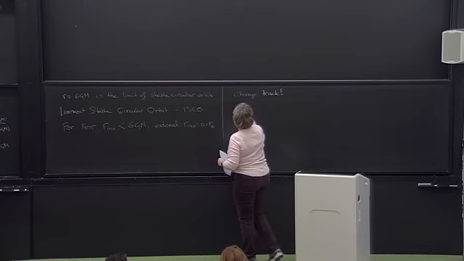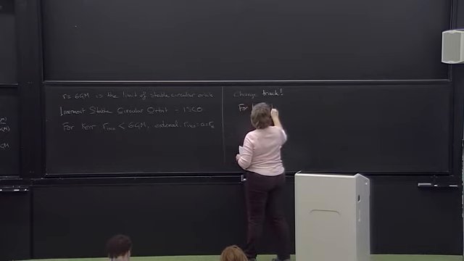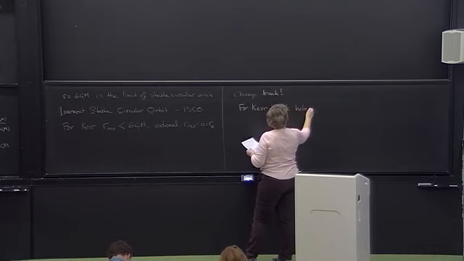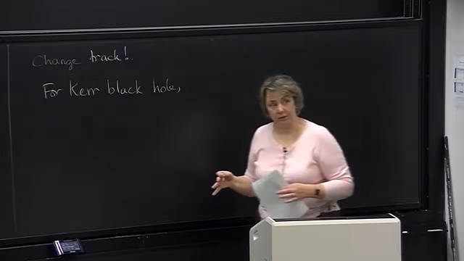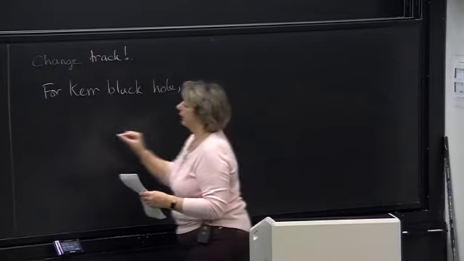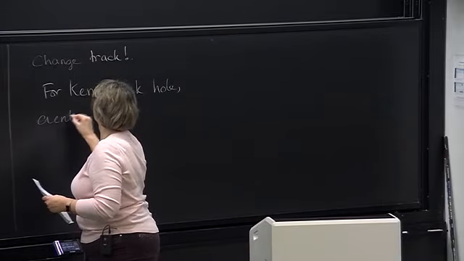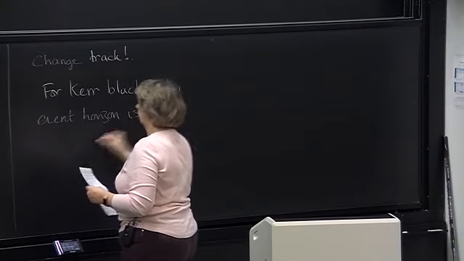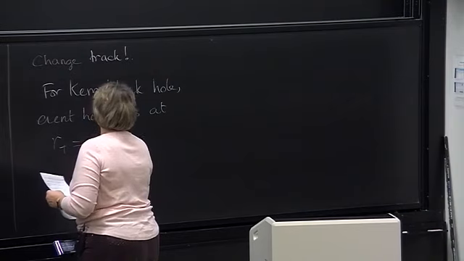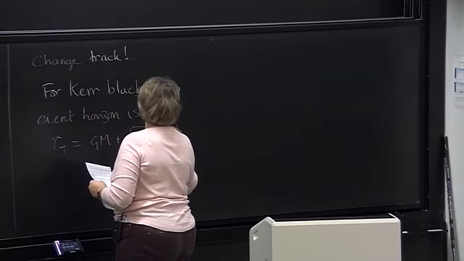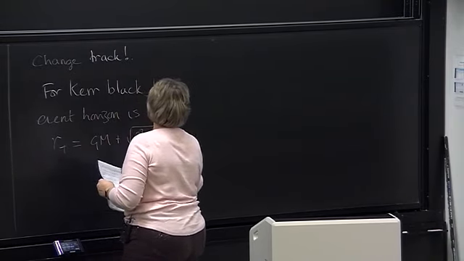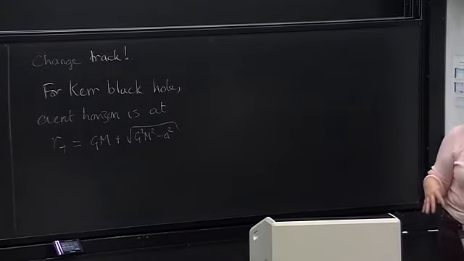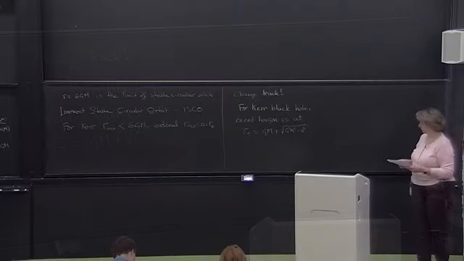So for the Kerr black hole, I'm going to think about the event horizon. Our event horizon is at r plus. So r plus is the larger of the two roots of delta equals 0.